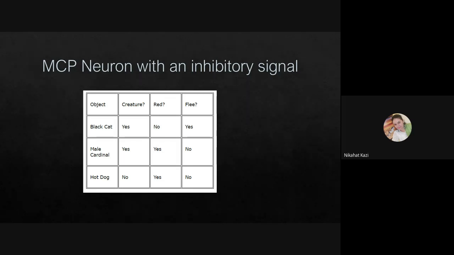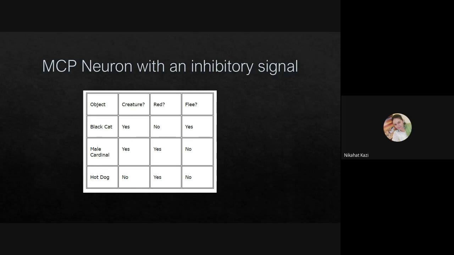If the creature is a black cat, it's black in color, so it's not red, and the signal for red is no. So creature is yes, red is no. So the robin has to flee. In case of the male cardinal, creature yes, red yes, so it will not flee. Similarly, in case of the hot dog, it will not flee.